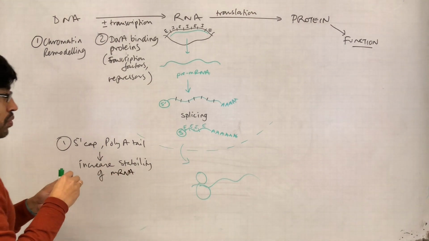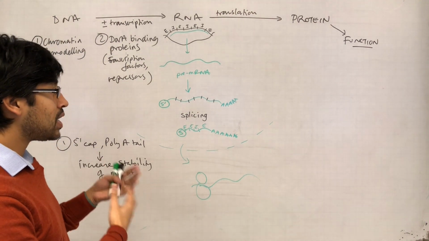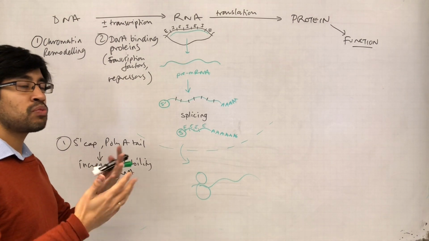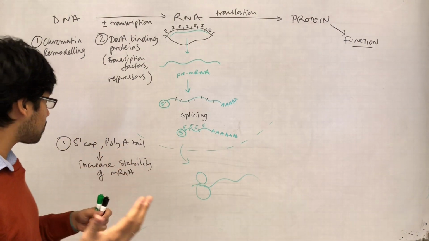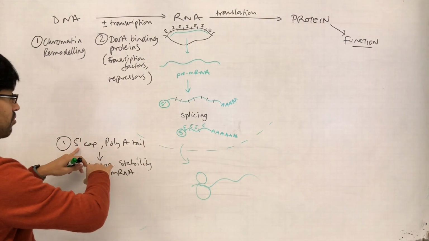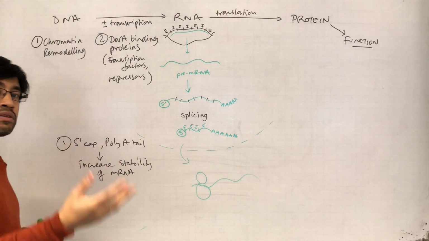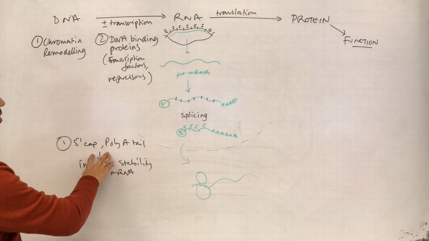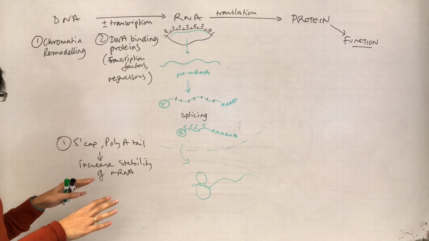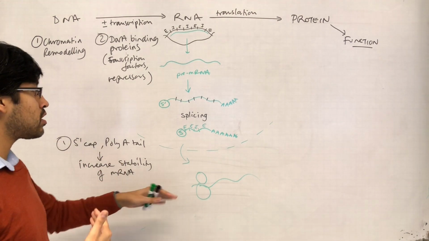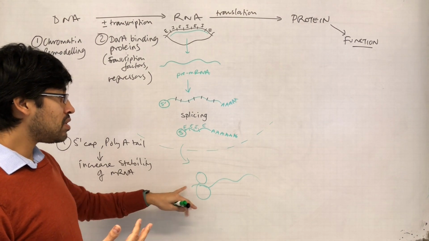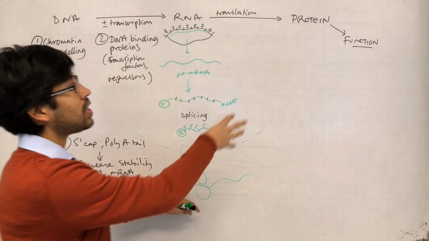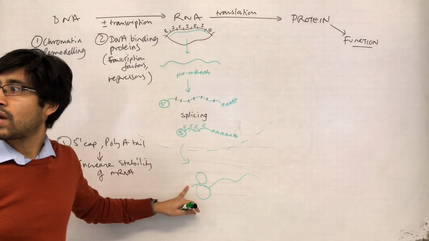So we have to imagine a situation where mRNA in the cytoplasm is constantly being broken down as we don't need certain genes to be expressed. Now, the 5' cap and the poly A tail protect the mRNA from such degradation for some time, and so the overall effect is that the mRNA hangs around in the cytoplasm for longer, therefore increasing the chance that it's going to be used for translation, thereby increasing the amount of protein that can be produced.